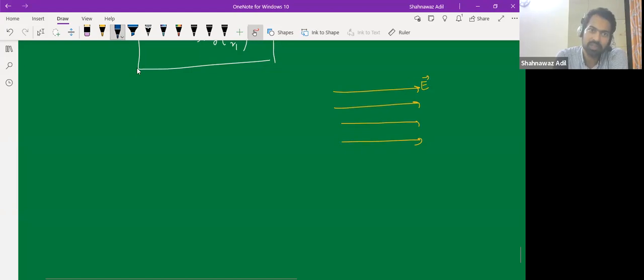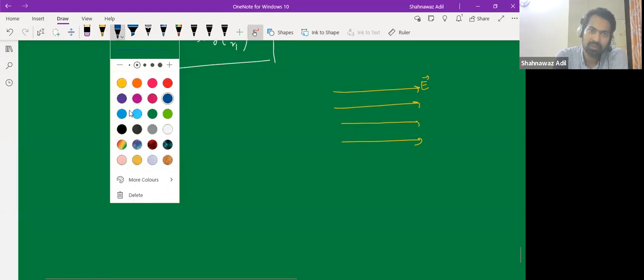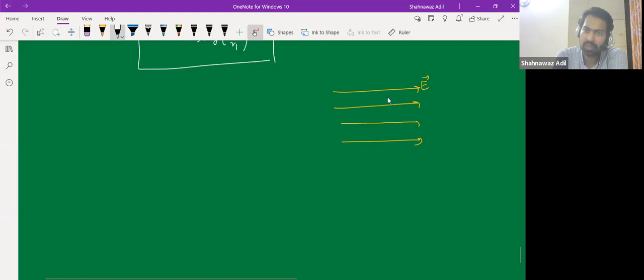Is put. So you have some charge over here. What would be the force that this charge experiences in the presence of this electric field?